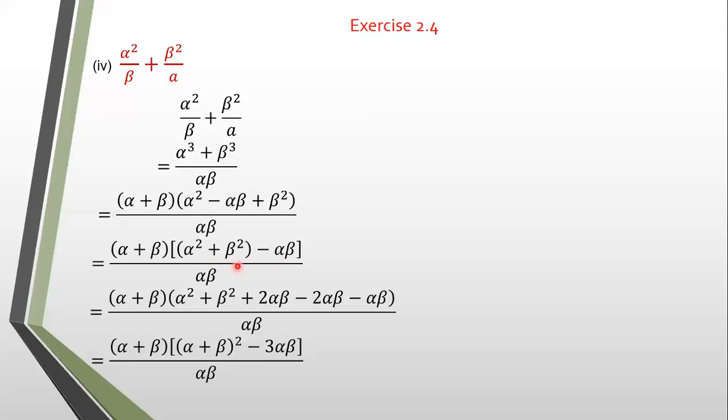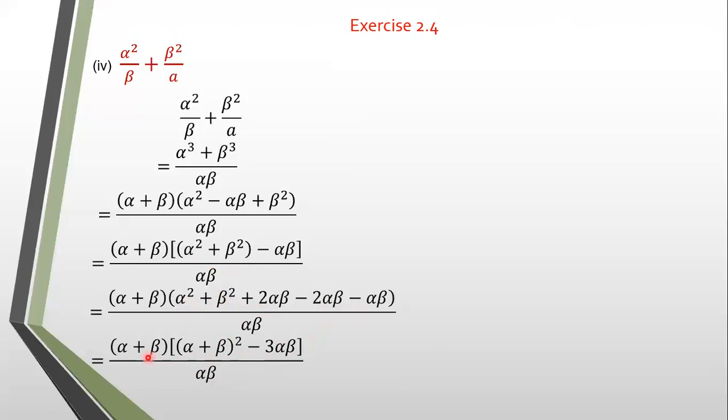Now alpha square plus beta square can be written as alpha square plus beta square plus 2 alpha beta minus 2 alpha beta minus alpha beta. And this alpha square plus beta square plus 2 alpha beta can be written as alpha plus beta whole square, and minus 2 alpha beta minus alpha beta will be minus 3 alpha beta, denominator as it is.